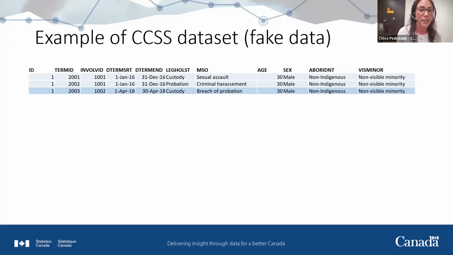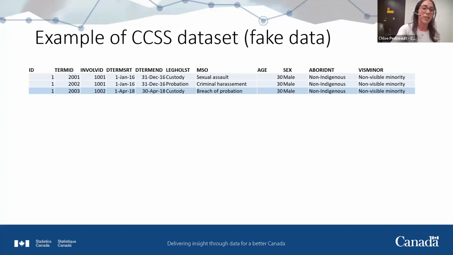So this person has had 2 correctional involvements. We have data dictionaries that describe all this, and I won't get into the details of that because it's a little bit complicated, but you can see the terms of supervision, the start date, the end date, whether it was custody or probation, and some characteristics of the individual who was under supervision.